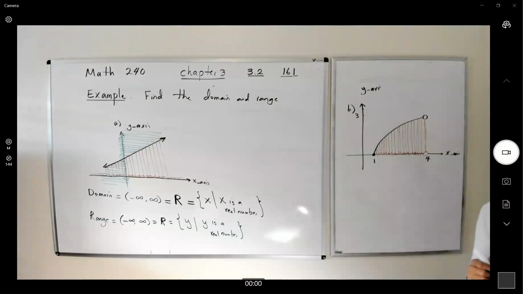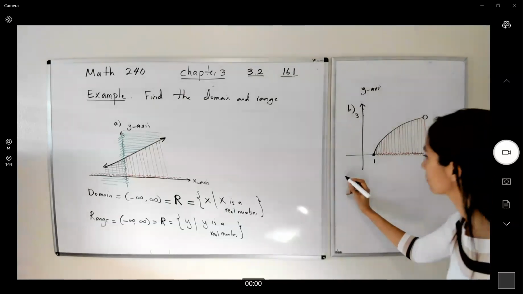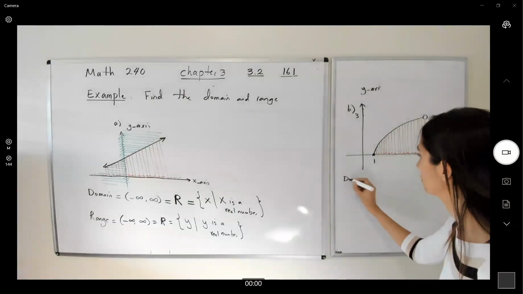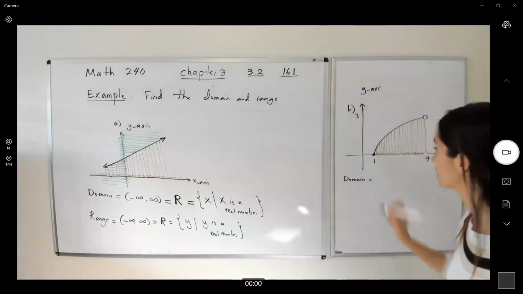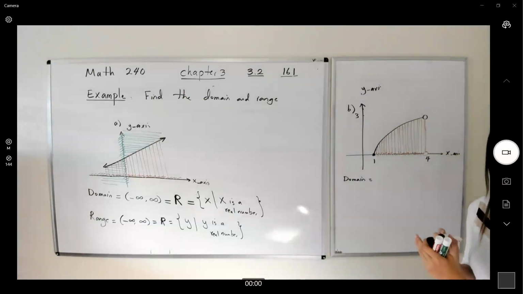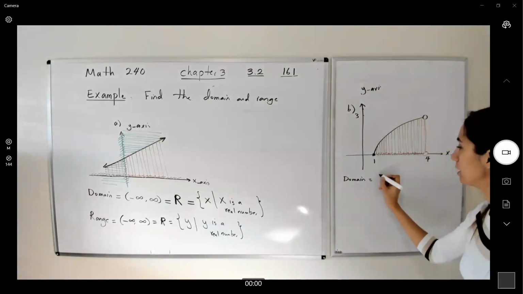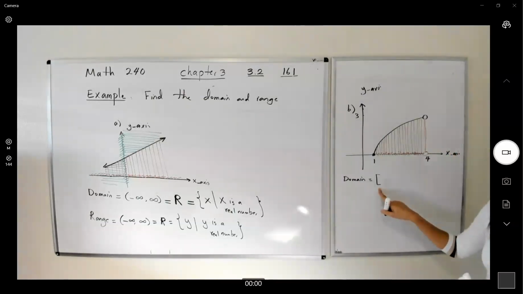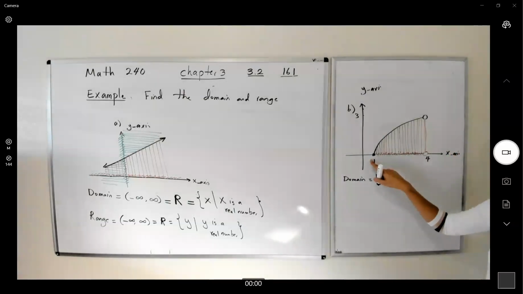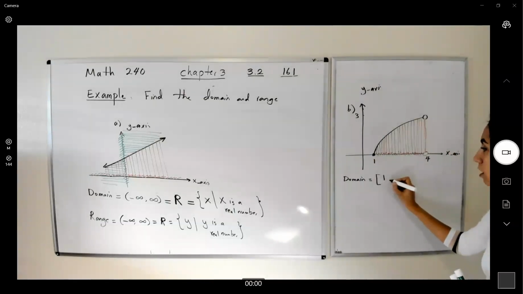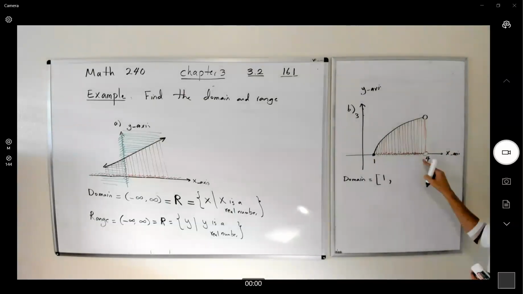So how do we write this down mathematically? The domain is half closed, half open interval. So we use bracket to show that this point belongs to the domain, 1, comma, and it includes all of these points except the endpoint 4.